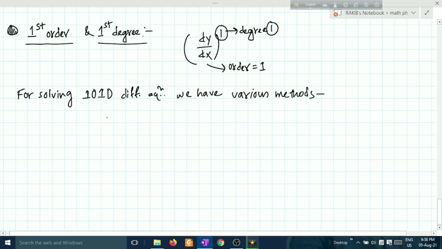Today we will first talk about the separation of variable method. Separation of variable method.